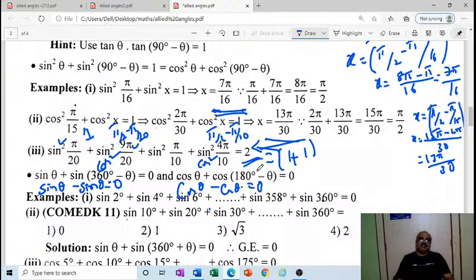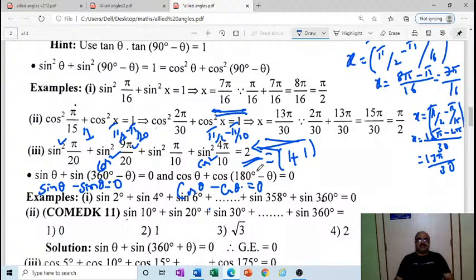You should be very, very clear about this. Cos theta plus cos of 360 minus theta is again 0. So sin theta minus sin theta is equal to 0. Cos theta minus cos theta equal to 0.